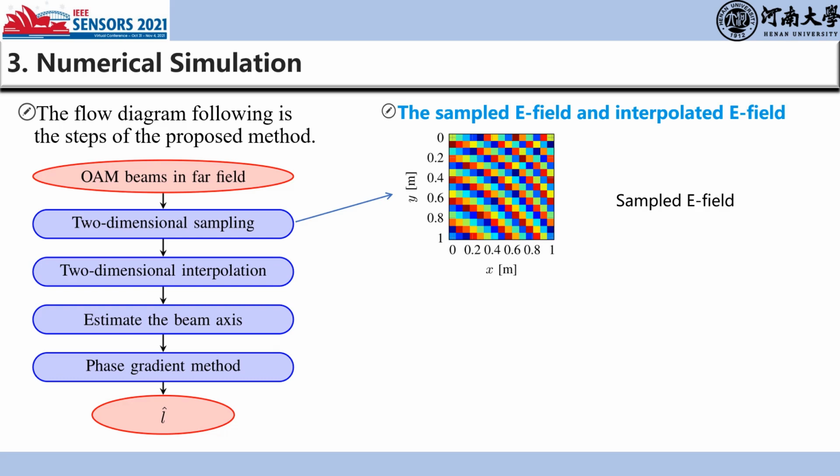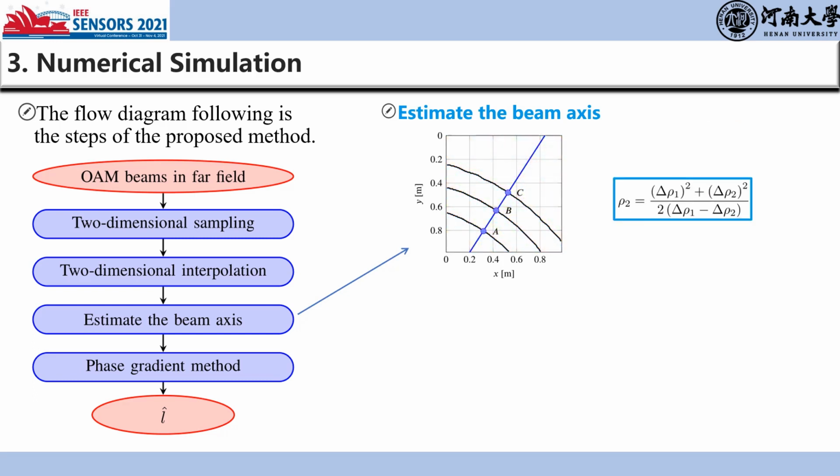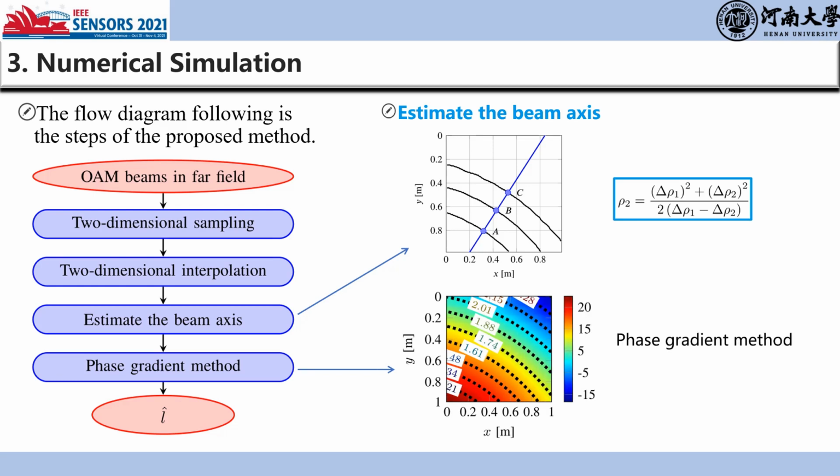Then we sampled the complex E field in a rectangular area far from the beam axis, and then performed a two-dimensional interpolation on the sampled E field. Next, based on the interpolated E field, we choose 3 suitable adjacent isophase lines to determine the coordinates of the beam axis according to rho 2. And finally, based on the coordinates of the beam axis, the OAM mode is estimated with the help of the phase gradient method.